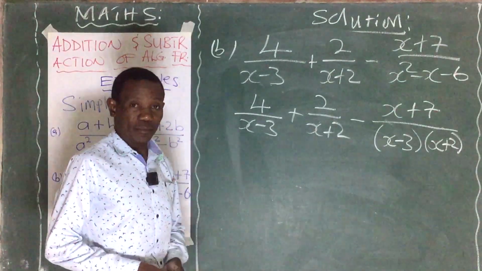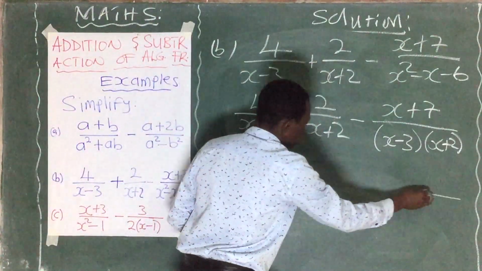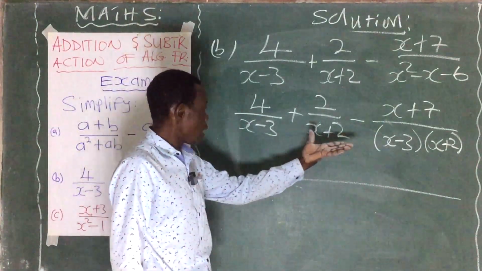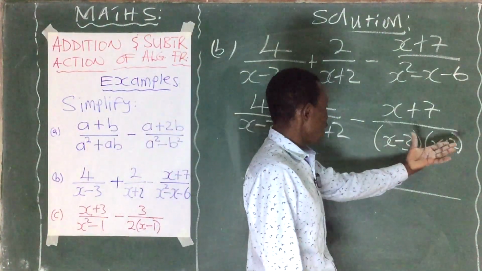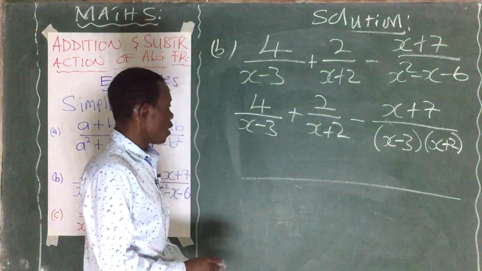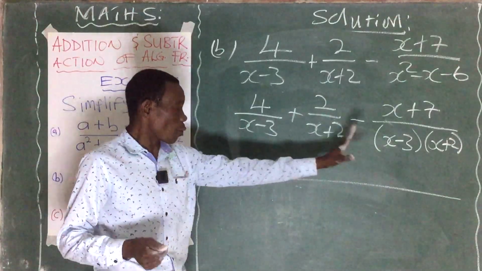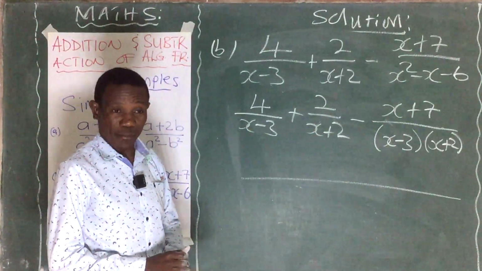Then what do you do next? Find the common denominator. The common denominator for x minus 3, x plus 2, and x minus 3 times x plus 2 is an expression that carries all the expressions at large.